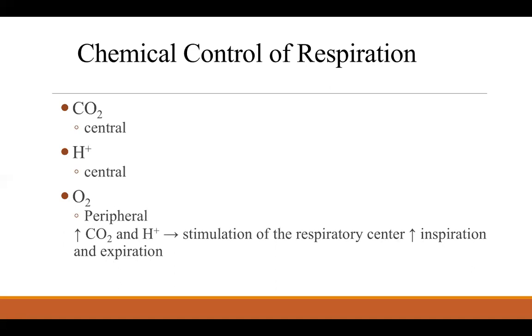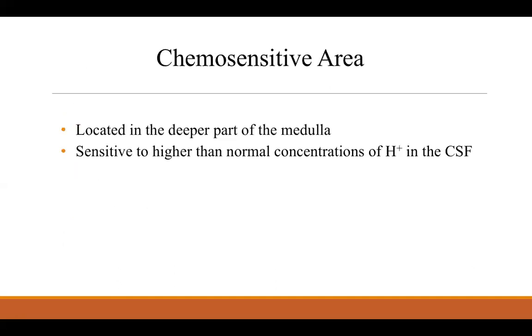So anytime there is a buildup of CO2, there is a buildup of hydrogen ion that would trigger the respiratory center to initiate faster breathing. All right, you call it hyperventilation. Hyperventilation would help get rid of the CO2 that was in a higher concentration and return things back to normal. So it's a great example of homeostasis.